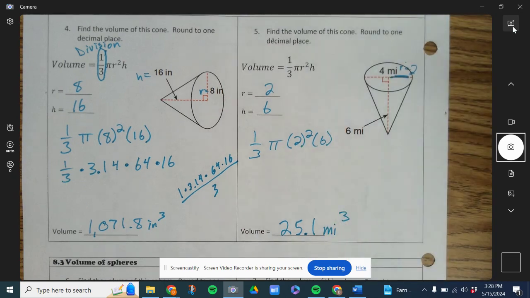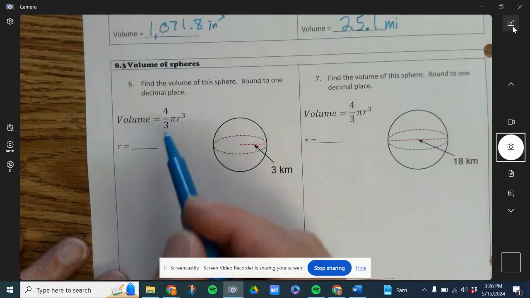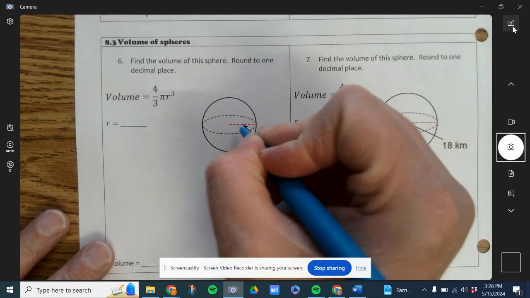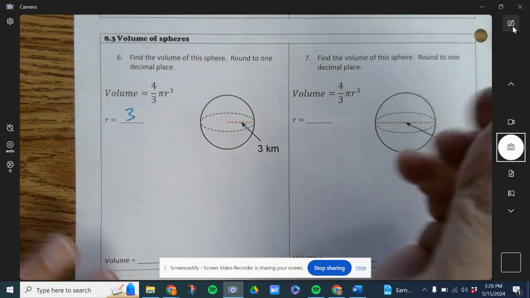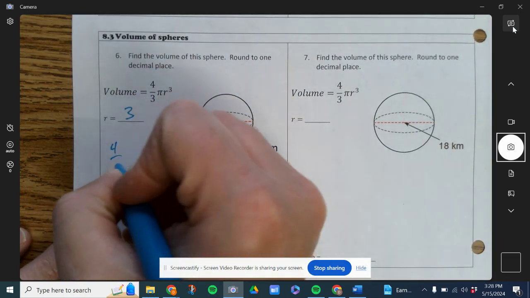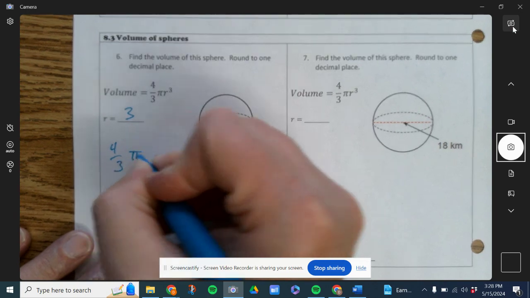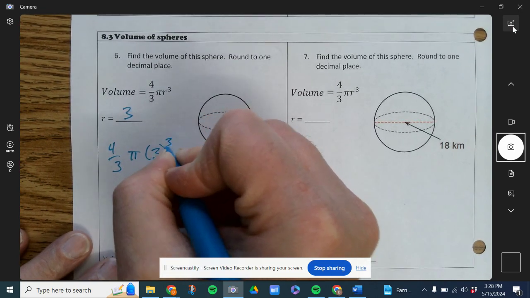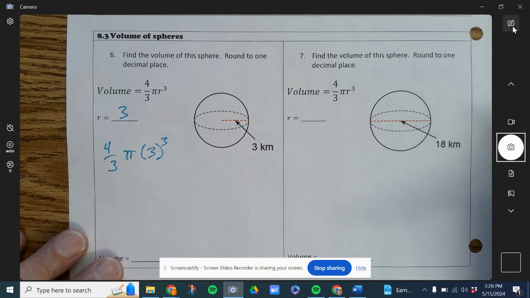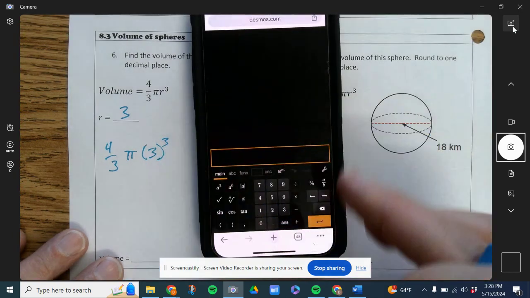Moving on to spheres. Different equation, but very similar. Rather than doing 1/3, we do 4/3. This becomes 3 cubed, right? 3 cubed is 3 times 3 times 3. Not 3 plus 3 plus 3 plus 3.